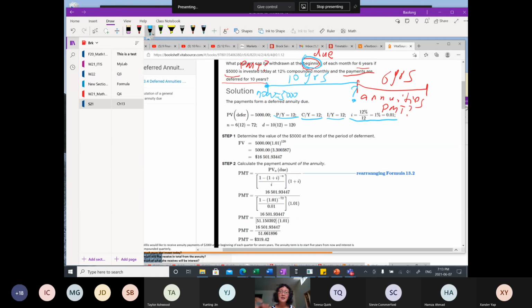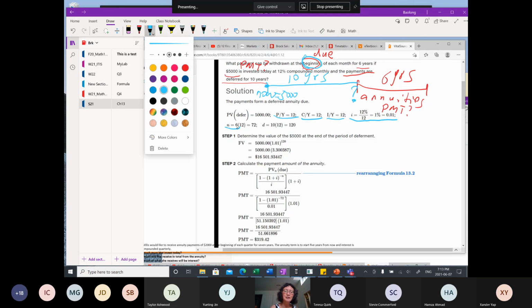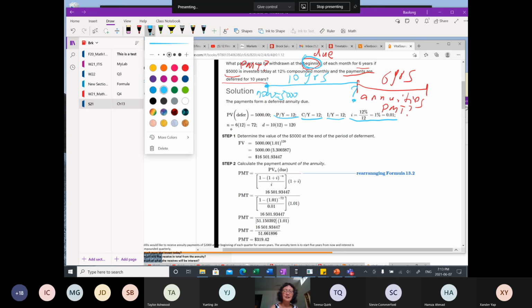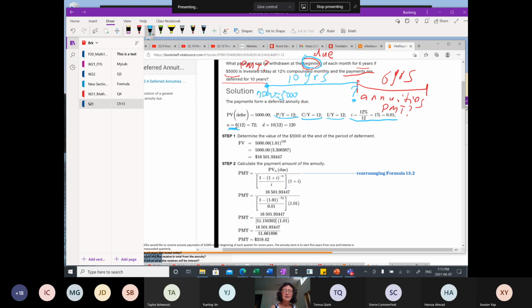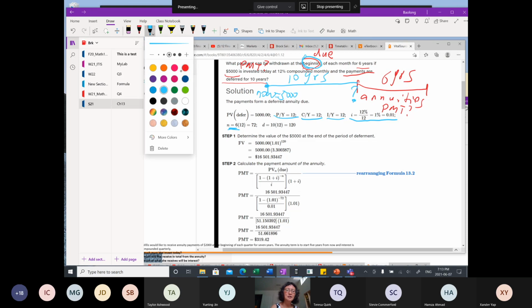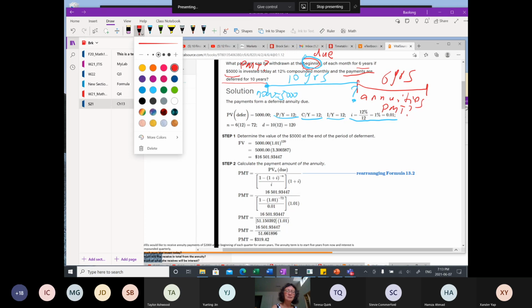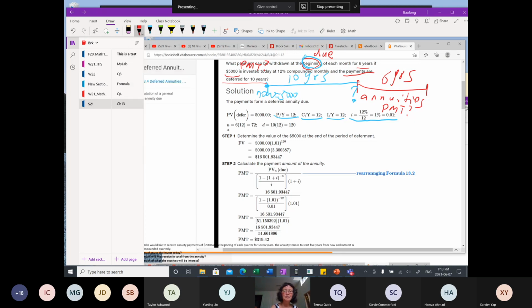For annuity, we use term N, 6 years, or 72 months.